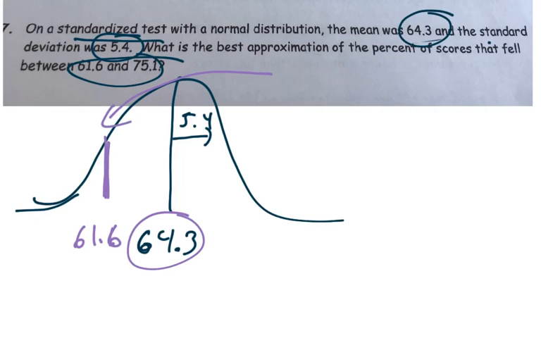Let's find its z-score in purple. I know the z-score is going to be the raw score minus the actual mean, 64.3, divided by 5.4. So 61.6 minus 64.3 divided by 5.4.